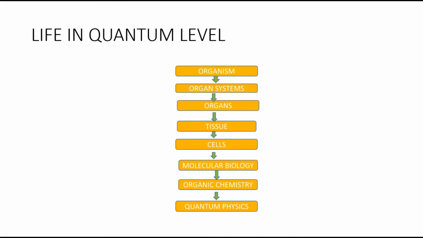For example, to understand our emotions, we take the help of neurotransmitters, which are chemical in nature. But when we go deeper into these emotions and the processes happening in our body and mind, we need quantum physics.